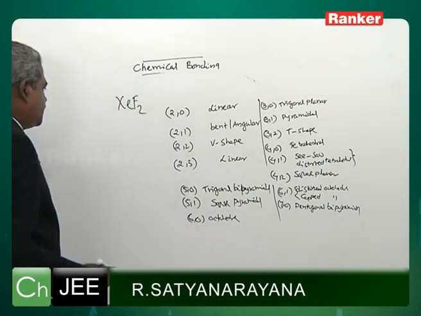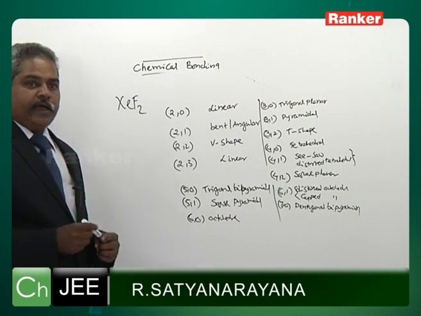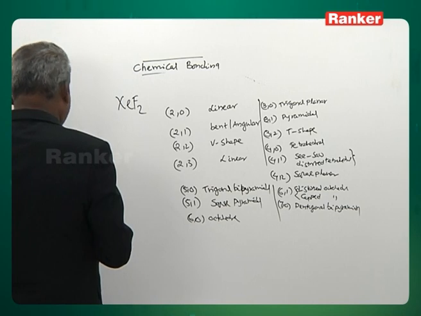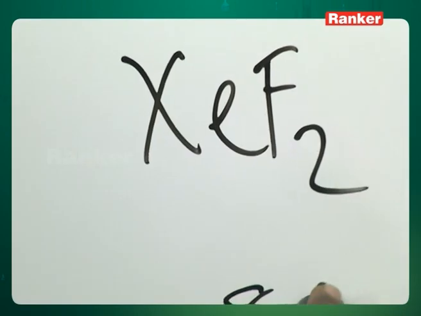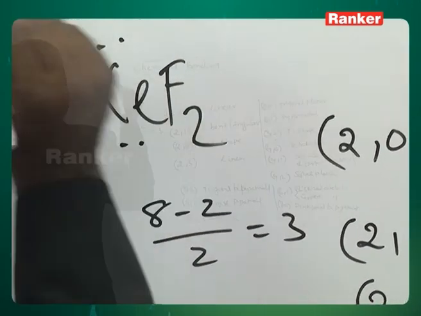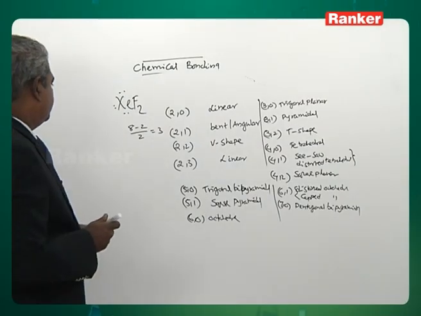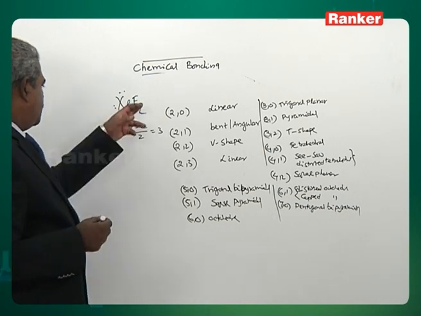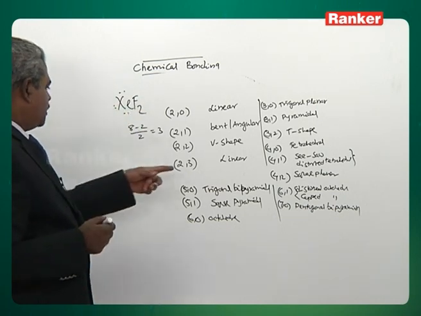XeF2. How to find out? 8 minus 2 by 2, it is 3. 1, 2, 3. XeF2, okay? 2 bond pairs, 3 lone pairs.